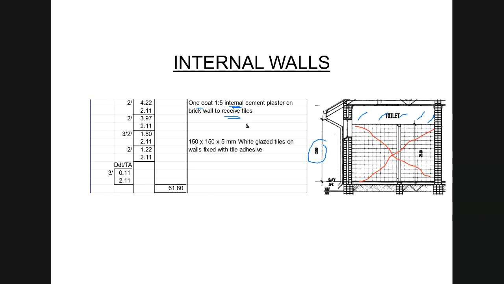Now, the area of the tiles is going to be the same as the area of the plaster. So I'm combining it. I have a little description over there. And just for future reference, you will be doing tiling next year in quantities 200, but tiling can be fixed in 2 ways.